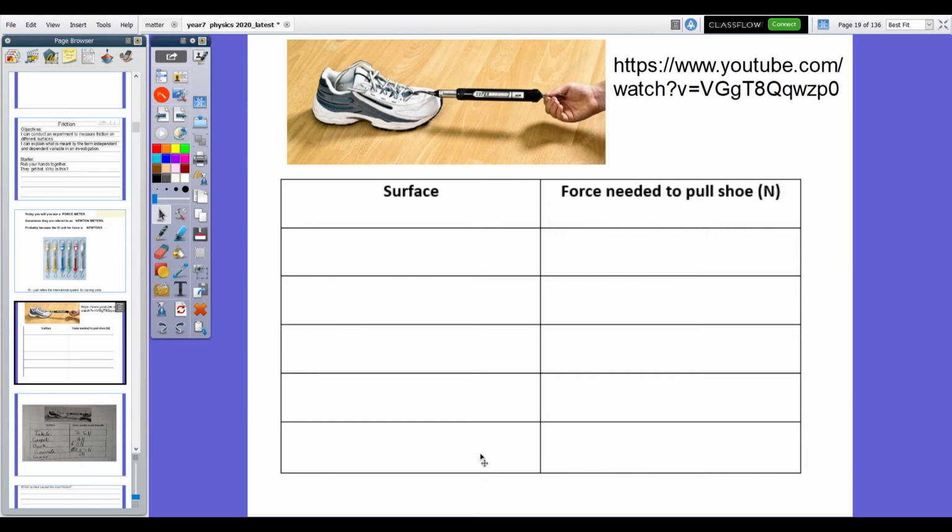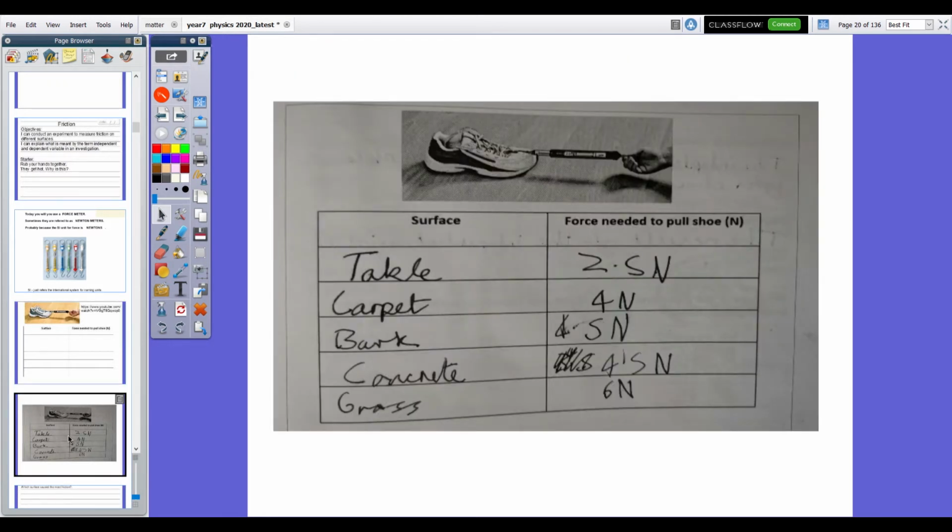Now, clearly, if you can't do this, then I'm just going to show you someone else's results. So this was a table, the carpet, the bark, must have found some bark outside from a tree, concrete, and grass. And we can see this student got 2.5 newtons, 4 newtons, 5 newtons, 4.5.